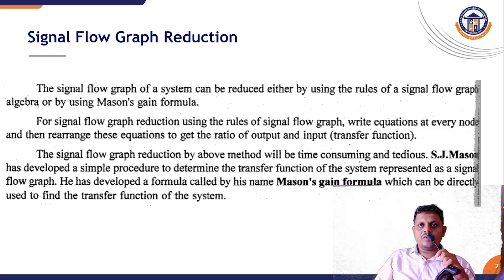For signal flow graph reduction using the rules of a signal flow graph, here we are going to see step by step how to reduce the block diagram using the signal flow graph reduction method.